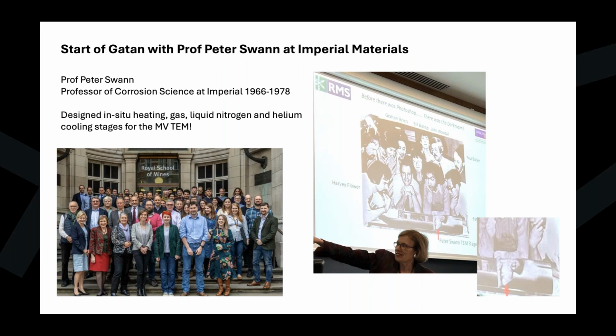Then Professor Grace Burke sent me some examples from even before they had Photoshop, where they had Peter Swann inside and one of the original in situ holders, and this one was actually the helium holder that they designed back in the early 70s. So with that, I'm going to pass on to Stephanie.